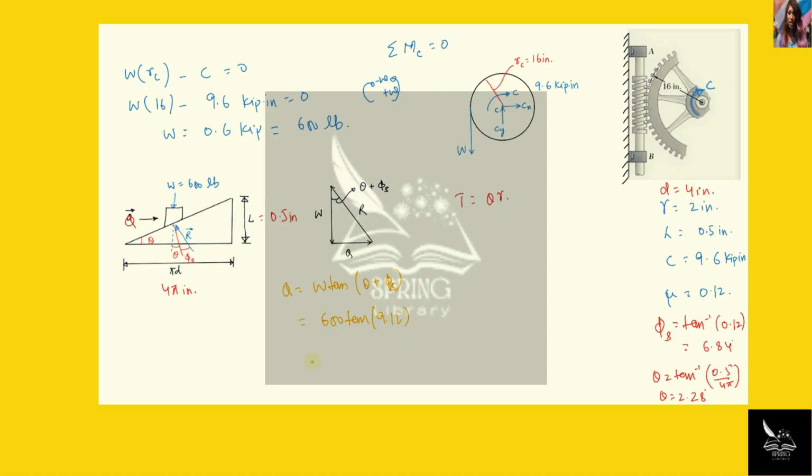So the value of Q comes out to be 96.32 lb. Now we plug in the value: Q is 96.32 lb times R, where R is 2 inch. So torque comes out to be 192 lb inch. This is the final answer for the given problem.